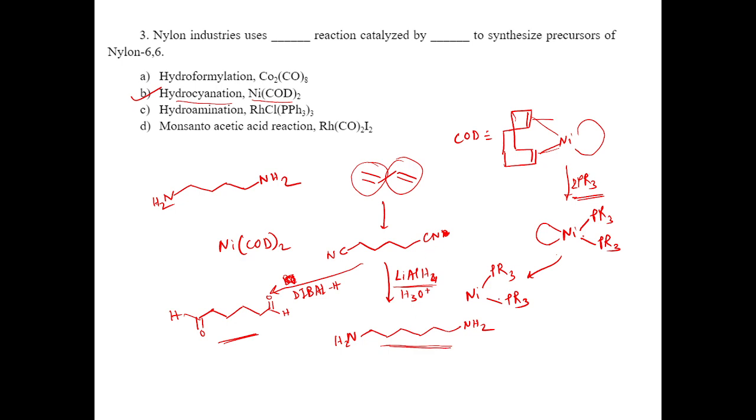So after the hydrocyanation reaction, they reduce with LiAlH4, hydrolyze it and prepare this diamine. So the right answer is this one, you have given the correct answer. I think there is no problem here. If not, then I can go to the next question.